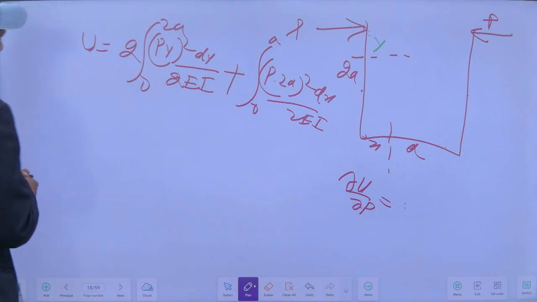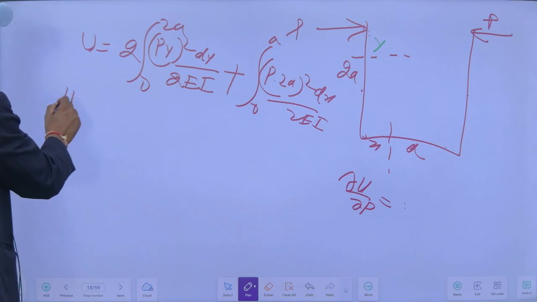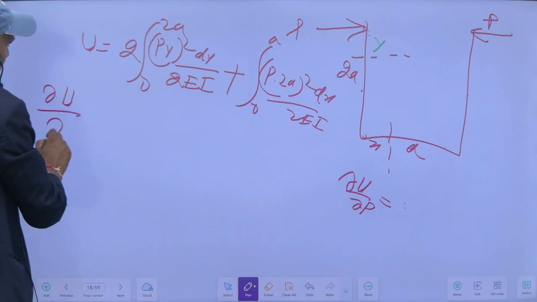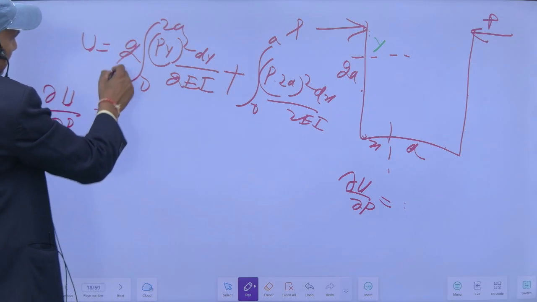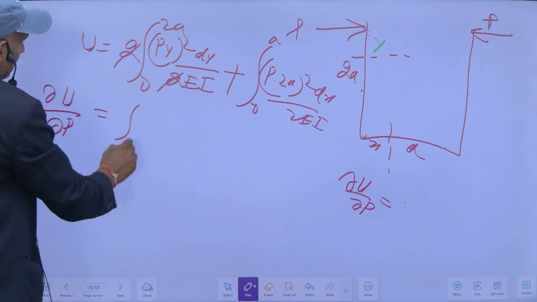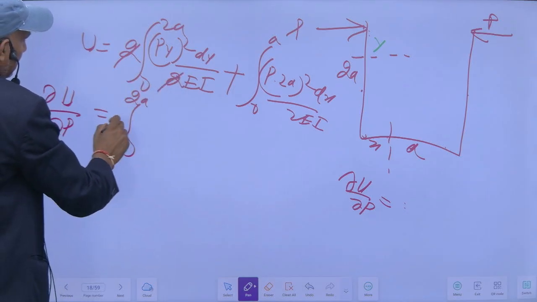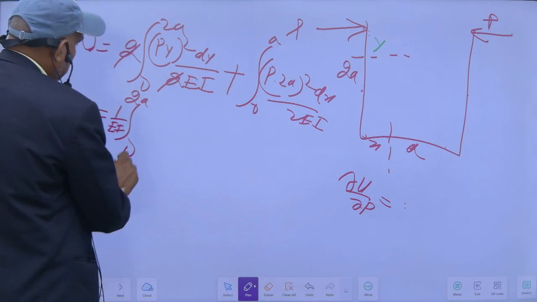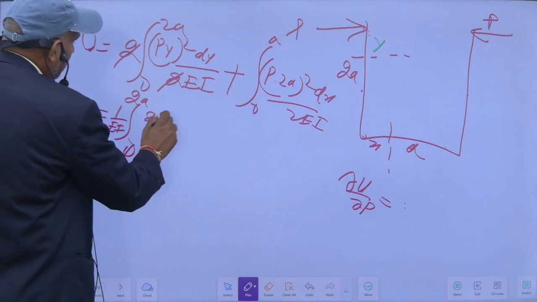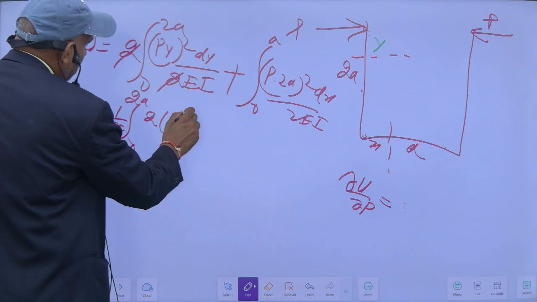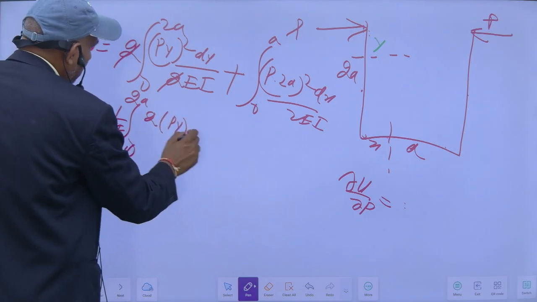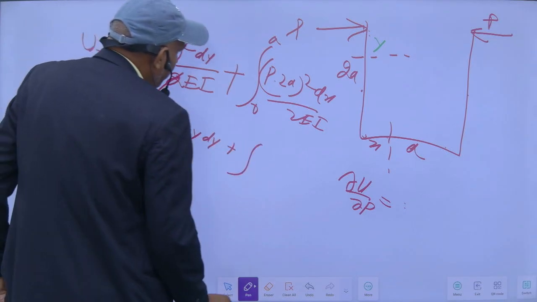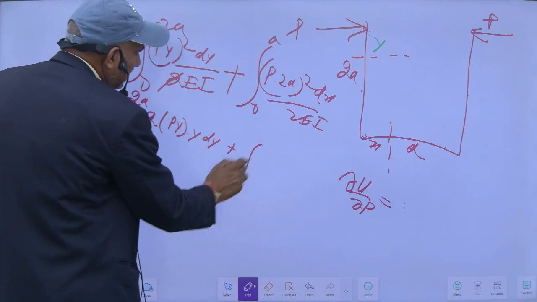So this U, delta U upon delta P. So this will be two into Py into 1, into coefficient of P, into dy, plus partial derivative of this.